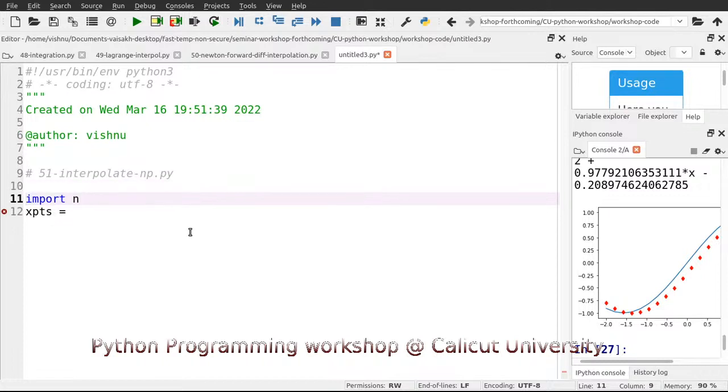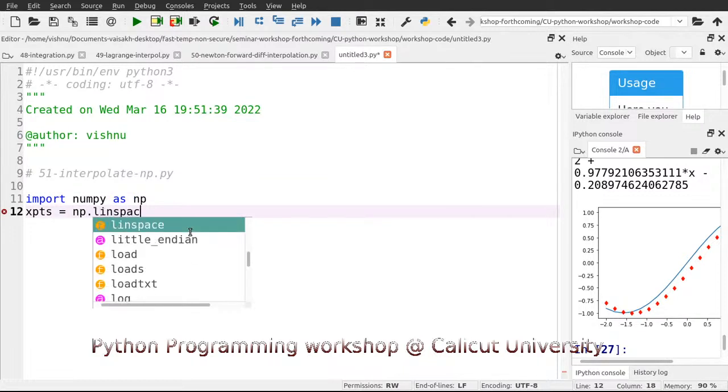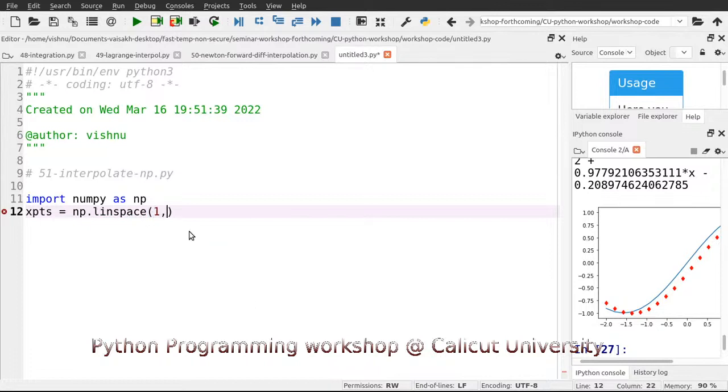Import numpy as np. So x points are np.linspace from 0 to 2 once again. Take 20 points. Y points are correspondingly x points squared.